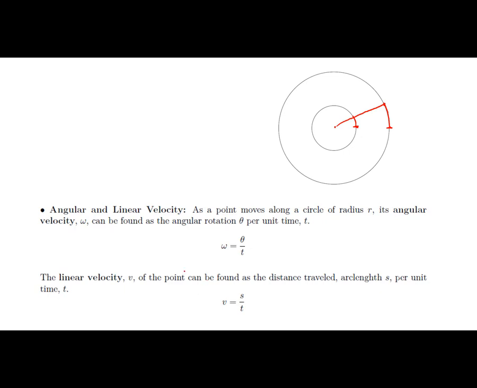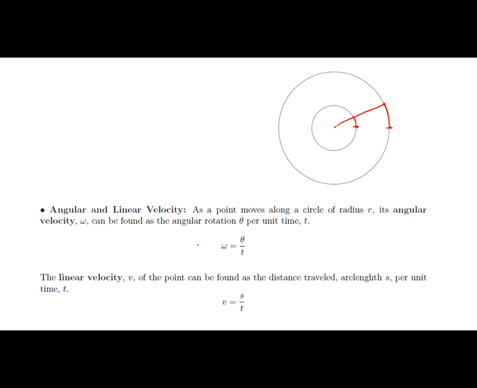There's how many radians, for example, we're covering in a given amount of time. And then there's how much actual distance, in feet or inches or meters or whatever, we're covering in a given amount of time.